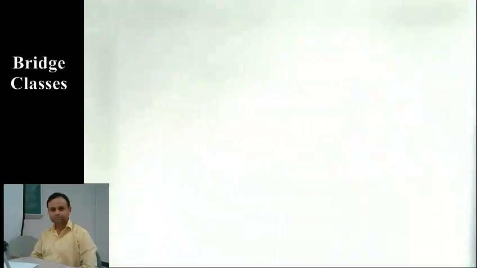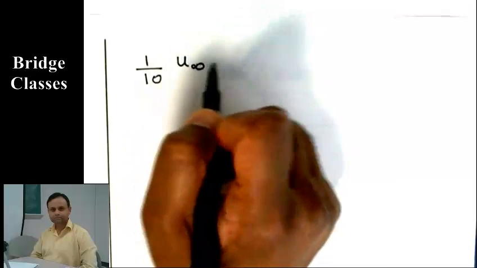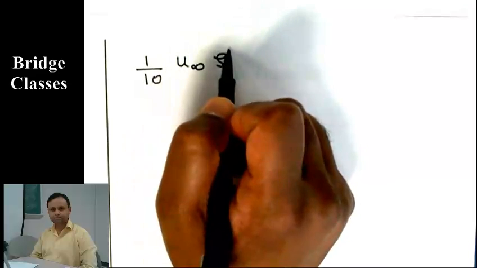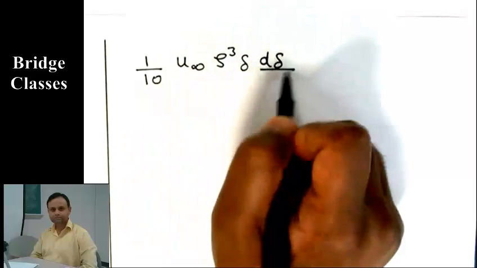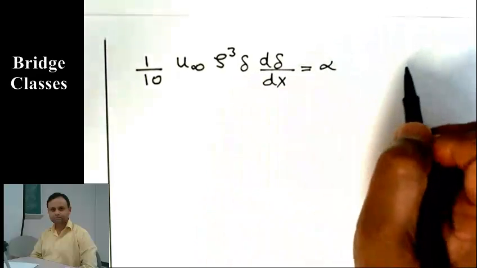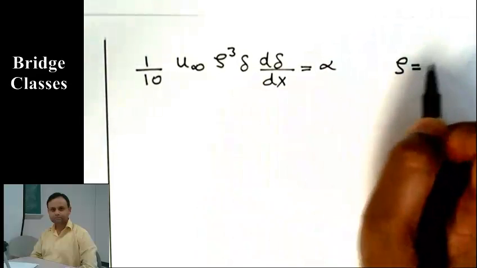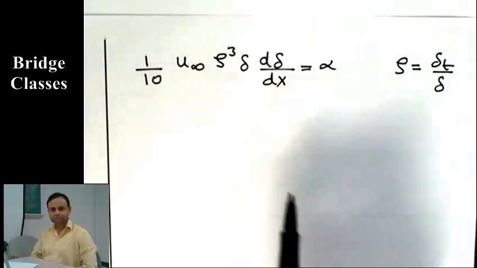So finally, by solving this, what you get is 1/10 u infinity zeta cubed delta d delta over dx equals alpha, where zeta is delta T over delta.